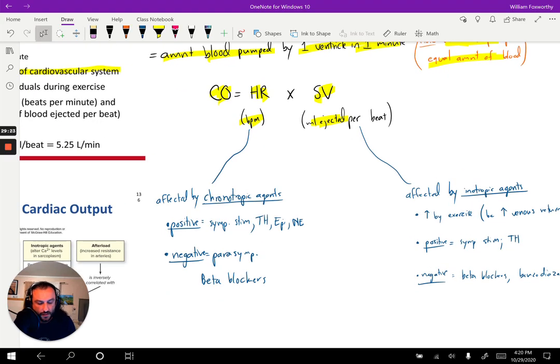Anything, particularly drugs, but anything that affects the heart rate will be called a chronotropic agent. So some positive chronotropic agents would include sympathetic stimulation, thyroid hormone, epinephrine, norepinephrine, as well as a variety of drugs like caffeine, cocaine, etc. Negative chronotropic agents include parasympathetic stimulation and beta blockers, which is a pharmaceutical.